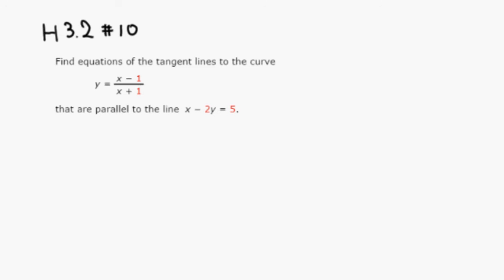The slope is easy to find, because the tangent lines are parallel to this line. So let me rewrite this equation and solve for y. I'm going to subtract x from both sides, so we have 2y is equal to negative x plus 5. Then we can divide through by negative 2 to get rid of this negative 2.